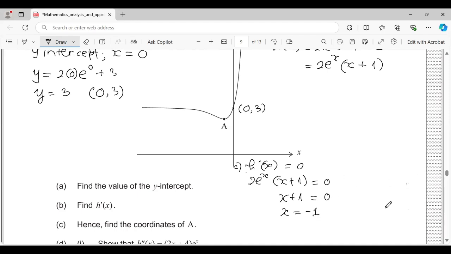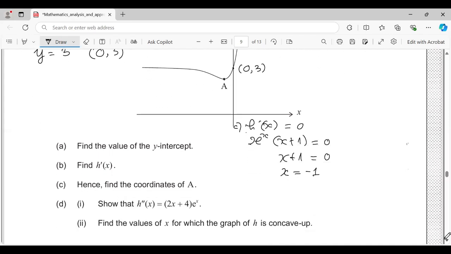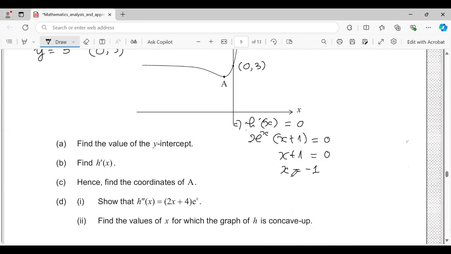Now substitute x equals minus 1 into the y function, h(x), because we're going to find the coordinate point. So this is x, I'm going to find y. y equals 2x e power x plus 3.